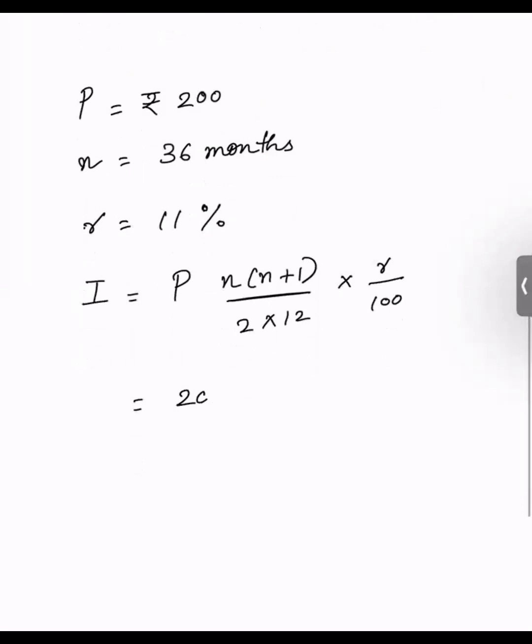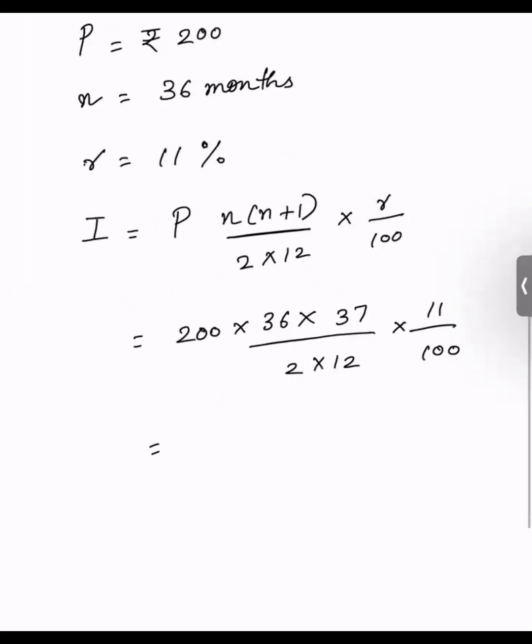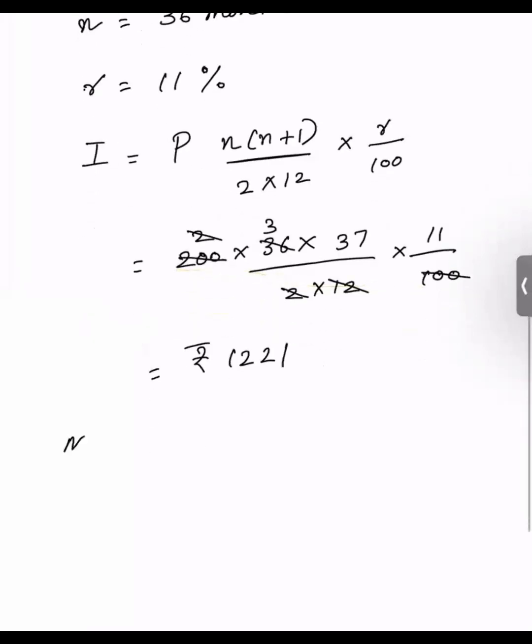Principal is 200. N is 36, into 36 plus 1, which would be 37, divided by 2 into 12, into 11 by 100. Let's do the cancellations. So it's going to be 1221.